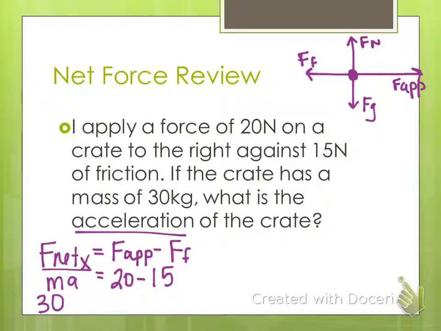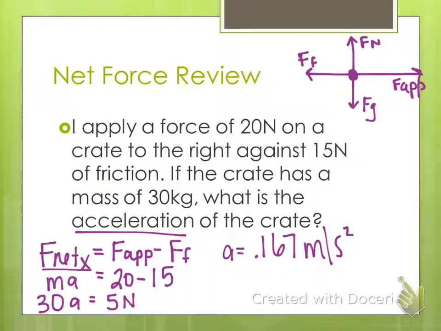So we're going to say 30 times A is equal to 5 newtons. So if we take 5 divided by 30, that's going to give us a value for our acceleration of 0.167. And what's our units for acceleration? Meters per second squared. Very good, meters per second squared.